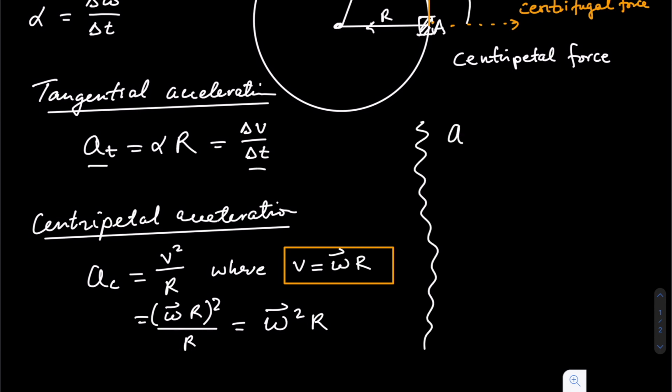So the total acceleration of this object as it goes around the circle will basically be given by the tangential acceleration plus the centripetal acceleration, where the tangential acceleration is always perpendicular to the centripetal acceleration.